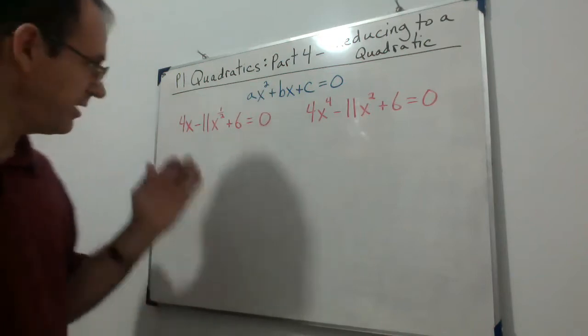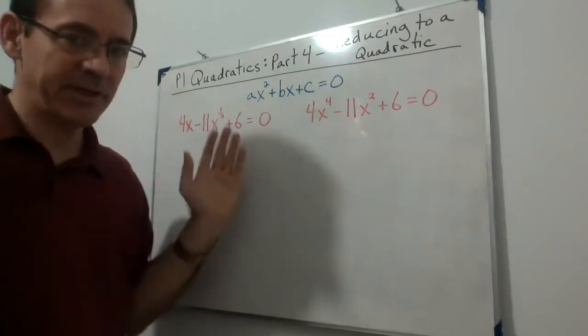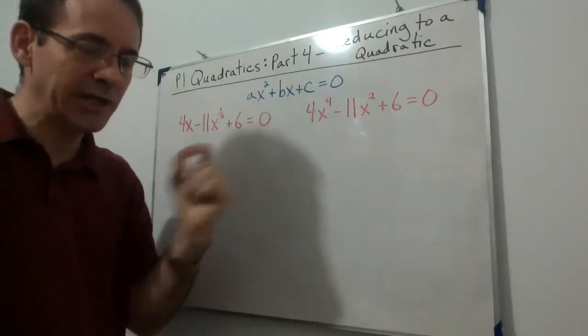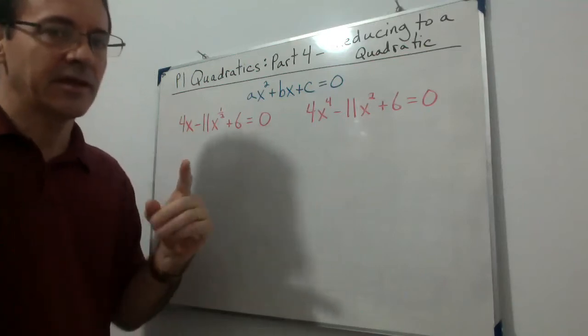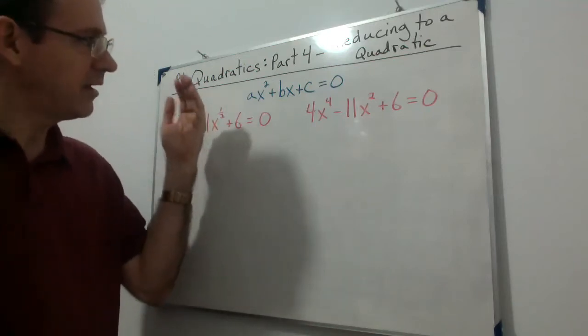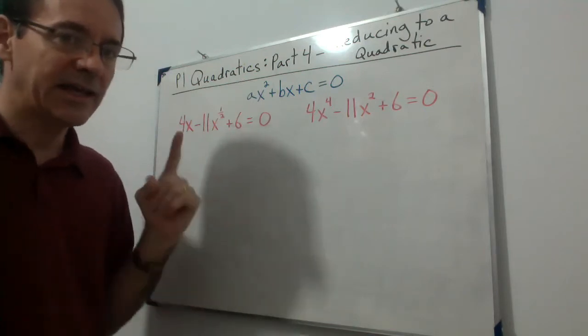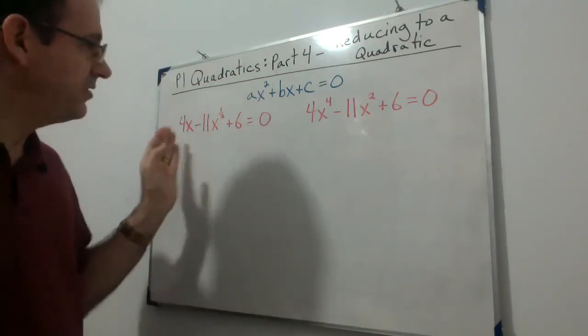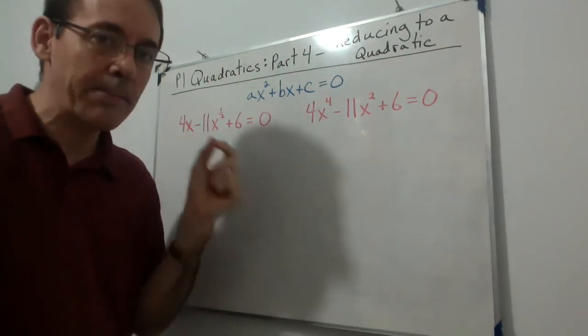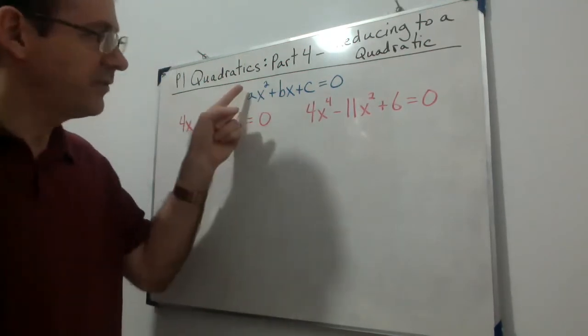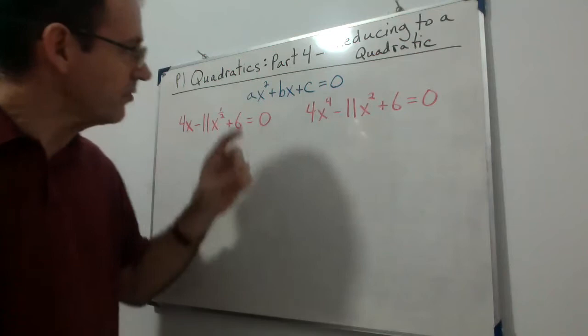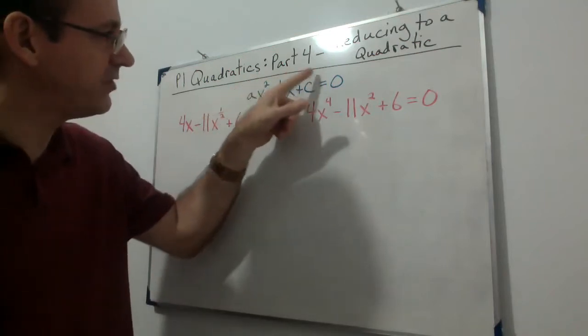Now, these examples up here actually aren't quadratics, but we can use our quadratic way of solving as long as these equations follow a multiple of the exponent pattern. So notice this is 2, 1, 0.